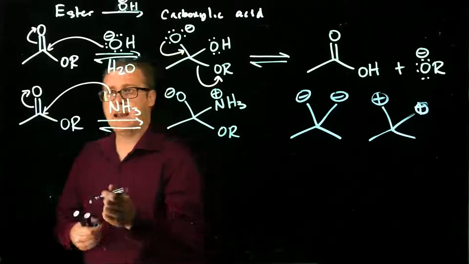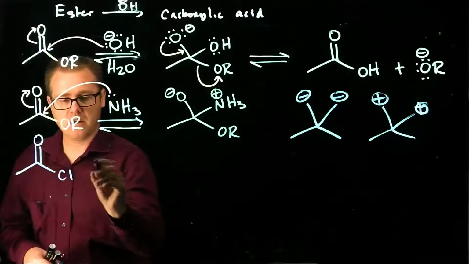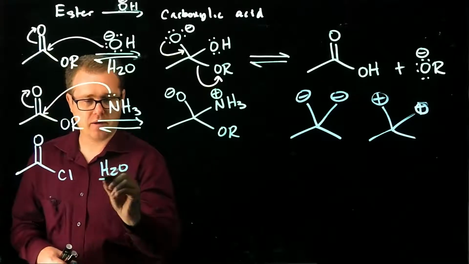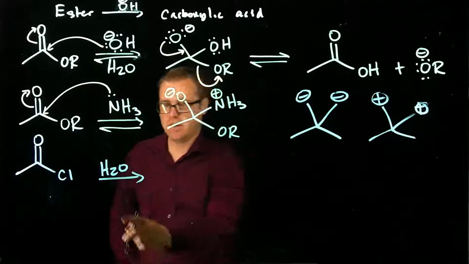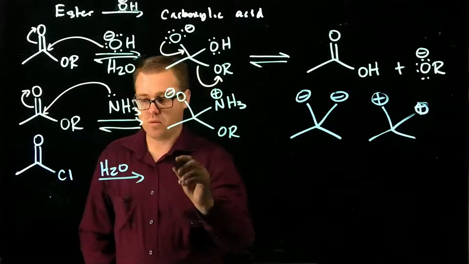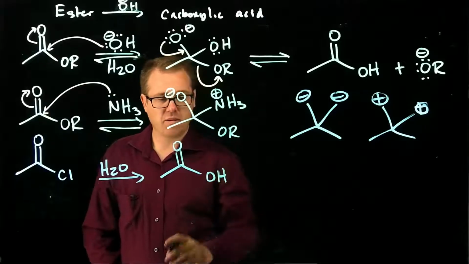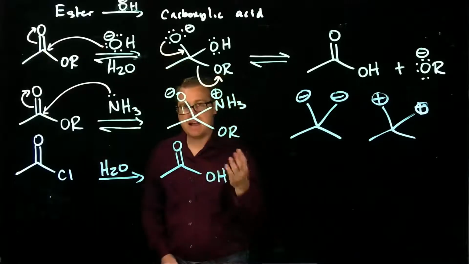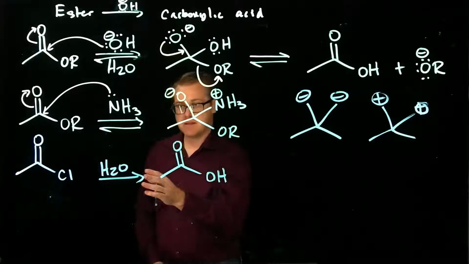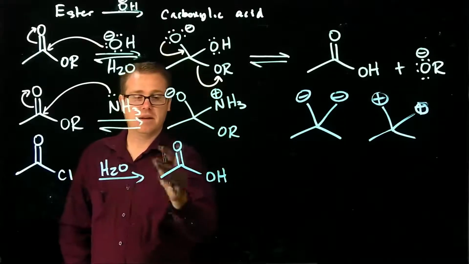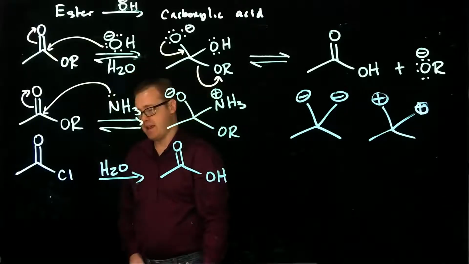So what if we take an acid chloride and treat it with water? Okay, what are we going to get? Well, if we do this reaction, we are going to get a carboxylic acid. So put that in your toolbox. Acid chlorides with water gives us carboxylic acids. So there's another way to make that.